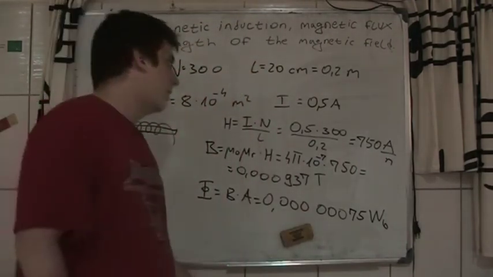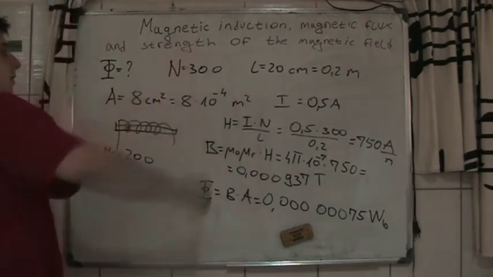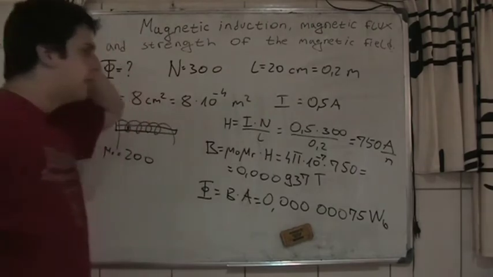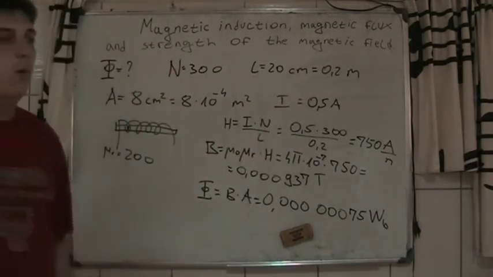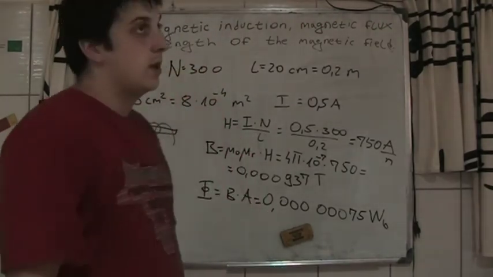If you put, I don't know, 50 amperes here, you'll get, I think, a much larger number of amperes per meter. But what is the problem with magnetic materials?